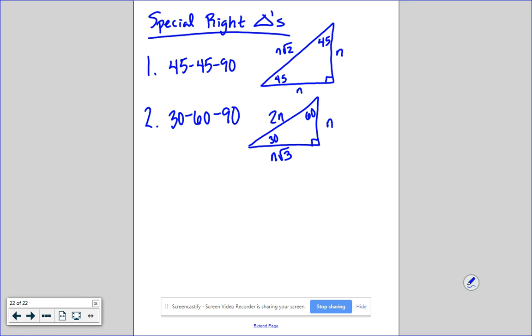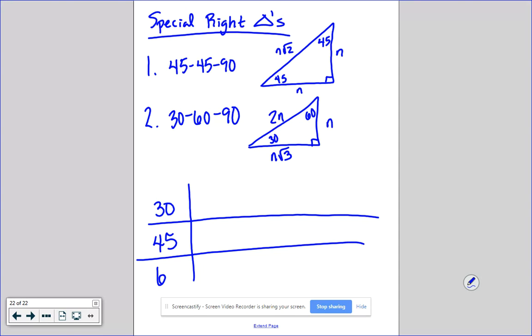Those key values are all factors of 30, 45, and 60. So what we're going to talk about here real quickly is how you find sine, cosine, and tan values for those ratios.